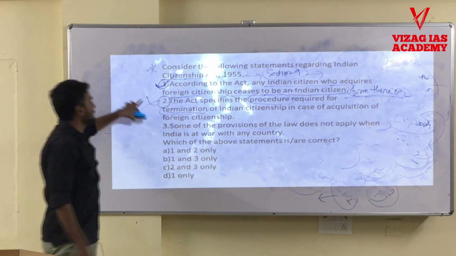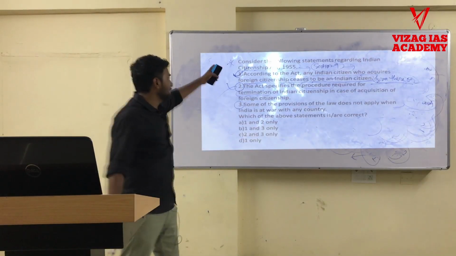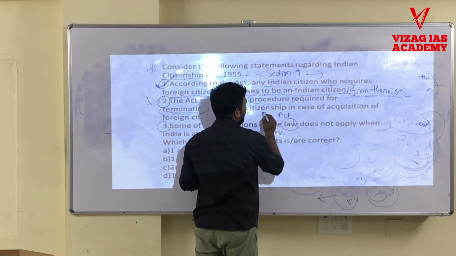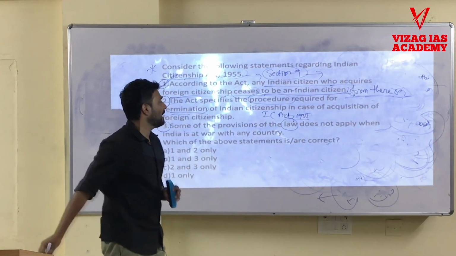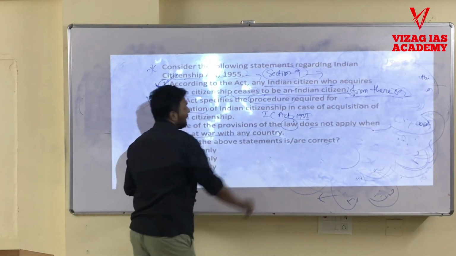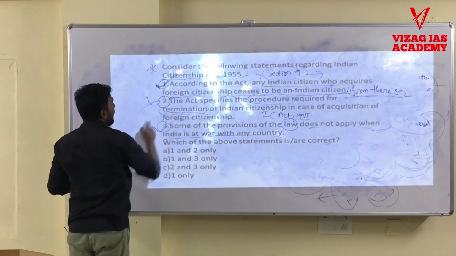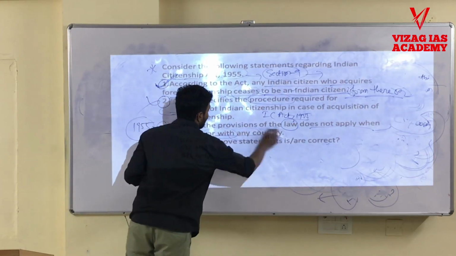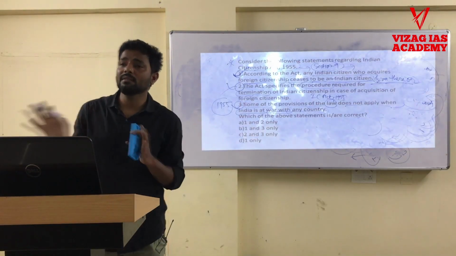So statement 1 is correct, statement 2 is wrong, and statement 3, some of the provisions of the law, which law? 1955 Act. Some of the provisions of the Indian Citizenship Act 1955 do not apply when India is at war with any country. Yes, it is correct. It is also explicitly mentioned in the Act that when India is at war, certain provisions related to acquisition of foreign citizenship or termination will not be entertained.